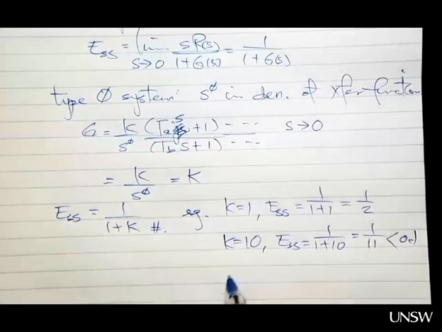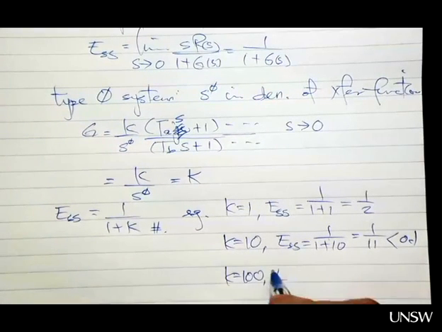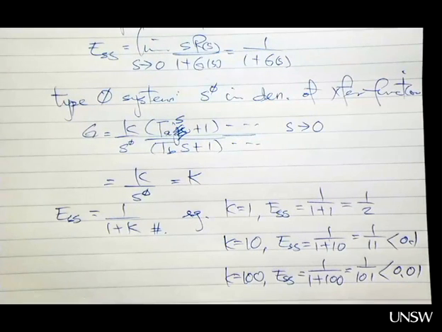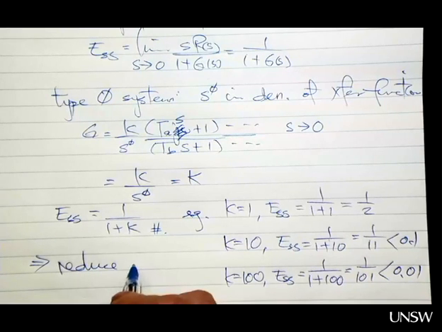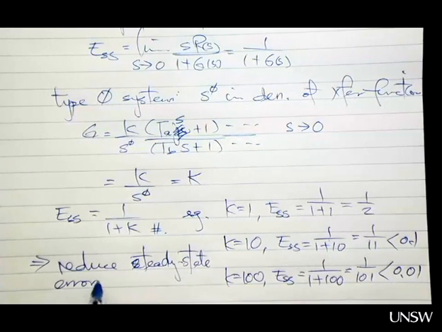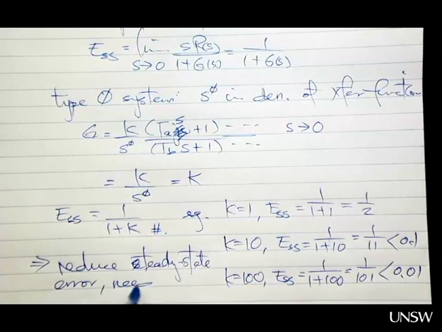If K equals 100, then the error is 1 over 101. It is smaller than 0.01. So we conclude that to reduce the steady state error, you need to increase the gain.